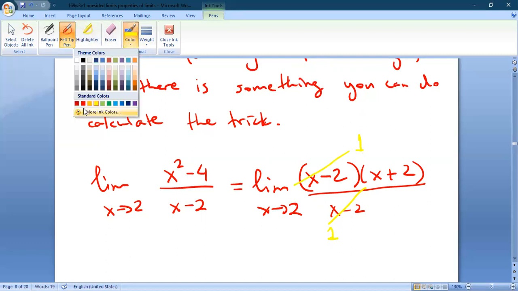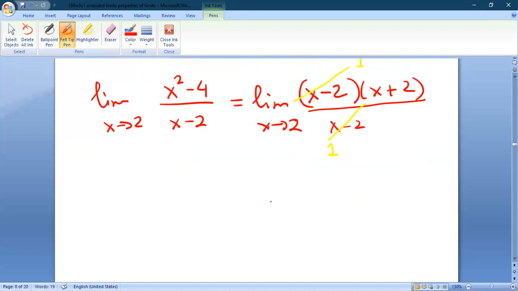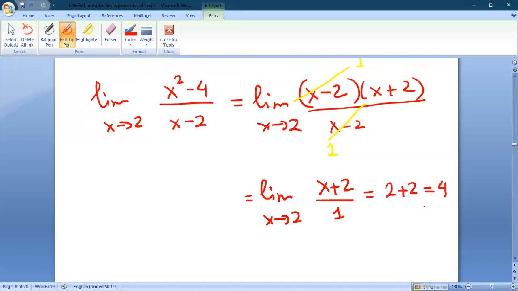So after this simplification, this will simplify to x plus 2 over 1. And then dividing anything by 1 is that thing. So just put 2 for x, 2 plus 2, that's equal to 4.